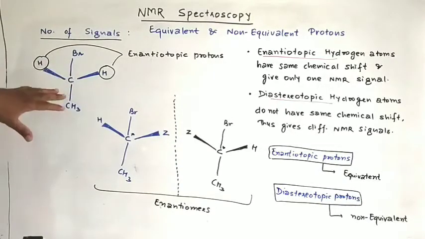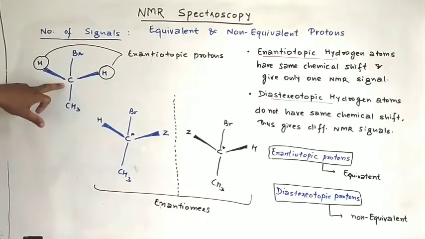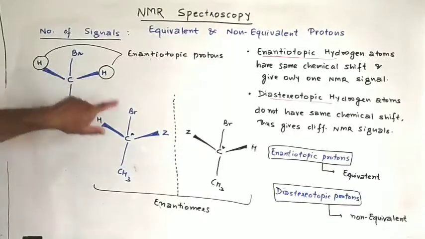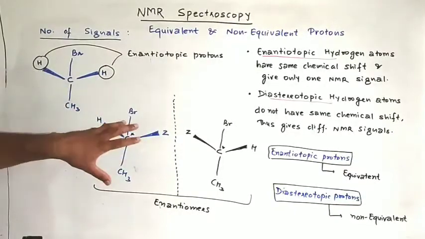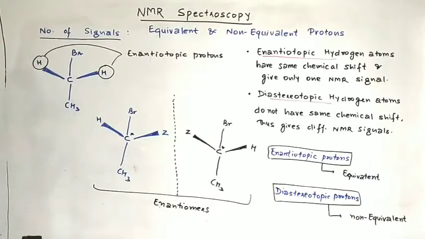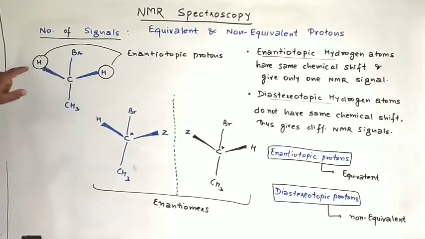It's not chiral in this compound. It's going to be chiral when you replace one hydrogen by some other group. So I replace this group by Z, then replace the other group by Z. You get two compounds, and these two compounds are non-superimposable mirror images of each other. It means this pair of compounds are enantiomers. So that's why these two protons are called enantiotopic protons, and enantiotopic protons are equivalent.